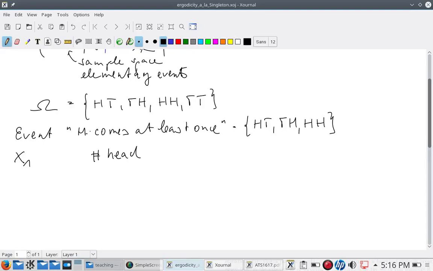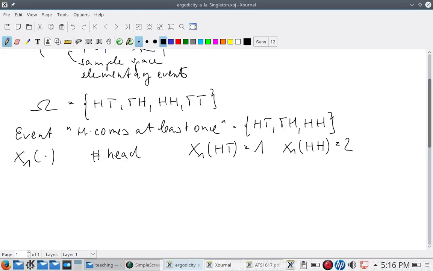So what I would do is I would take as an input argument an elementary event, and as a result I would get a real number, and that real number would be the number of heads that I get when I conduct the experiment. So for example, X1 evaluated at the elementary event, first comes head, then comes tail, would return a 1. And X1 evaluated at the elementary event, head comes twice, would give me a 2.